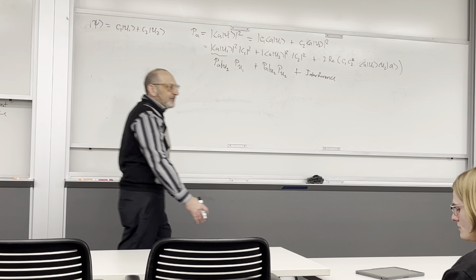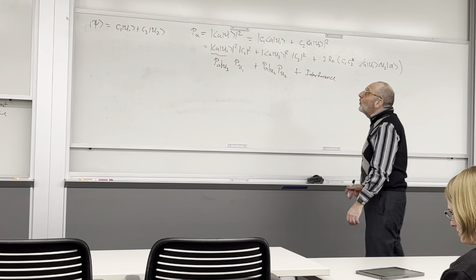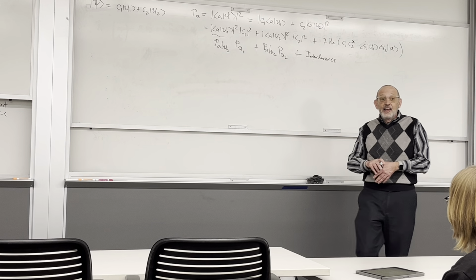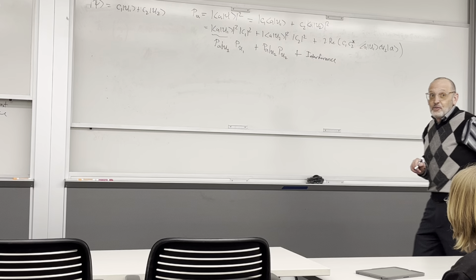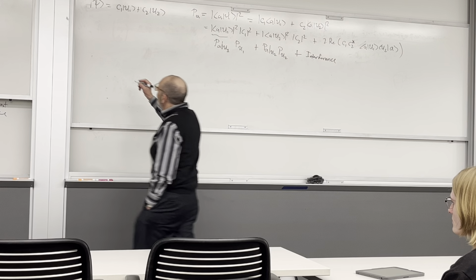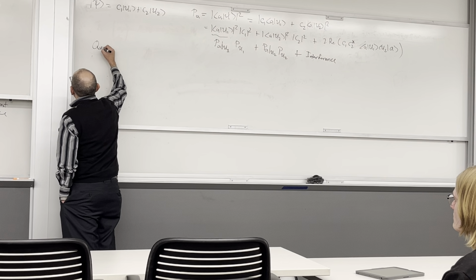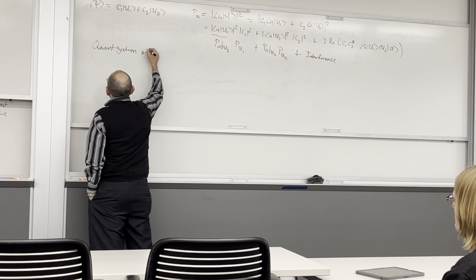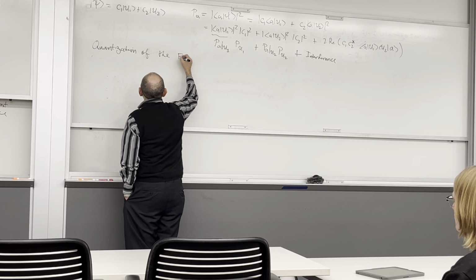How do these pictures connect to one another? And in what context are they different from one another and not describable by one another? For that, I want to remind ourselves in one quick line about the quantization of the electromagnetic field.